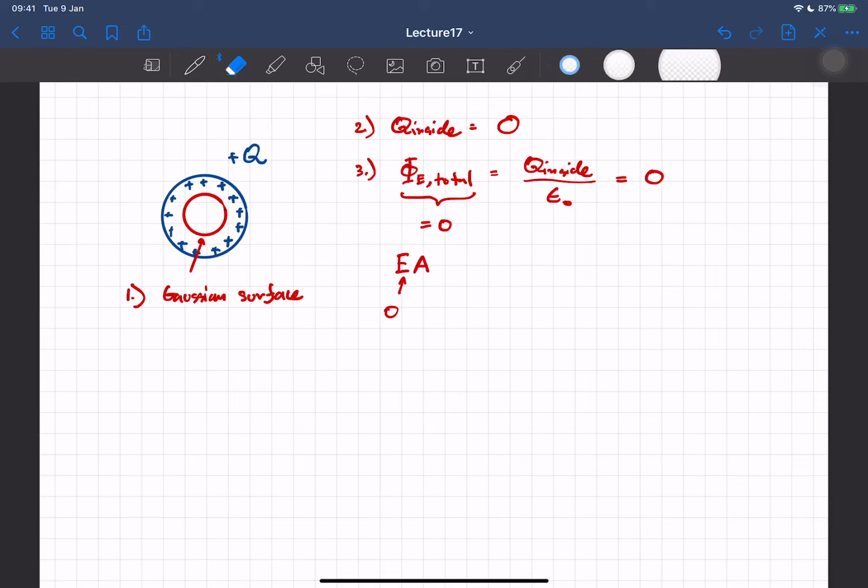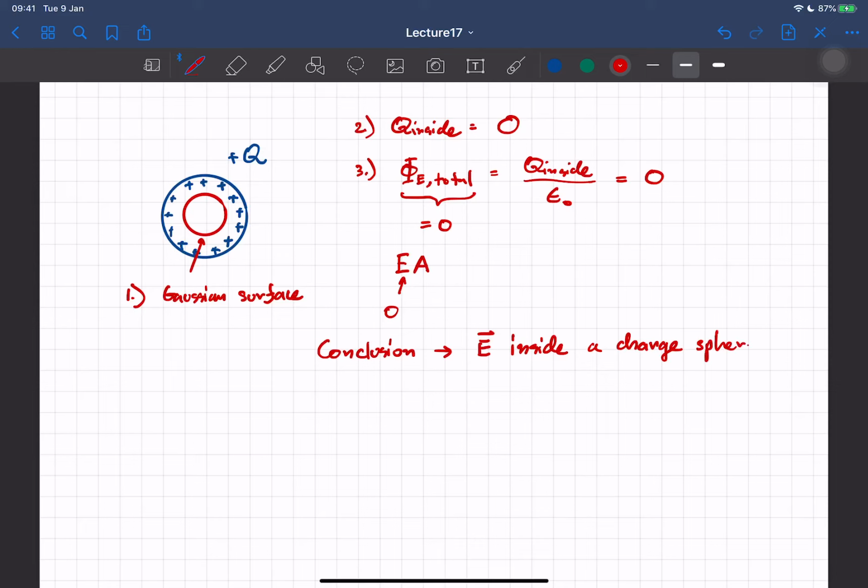From this argument, we conclude that the electric field inside a charged sphere is 0. Is this a surprise? No, because we knew already when we introduced the conductor that inside the conductor you cannot have any electric field. This just confirmed that.